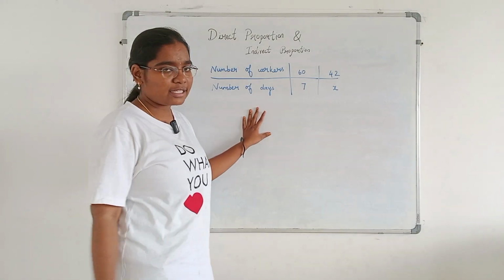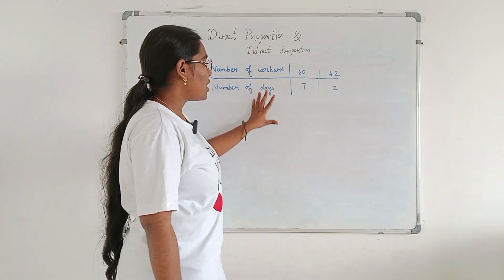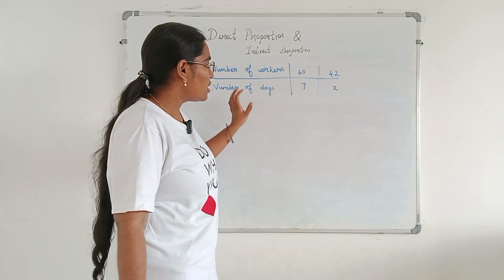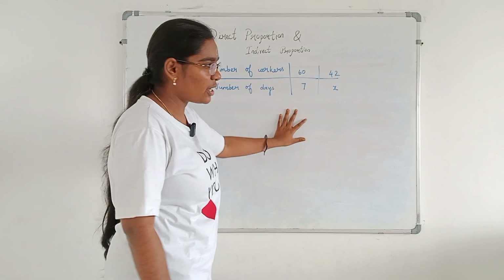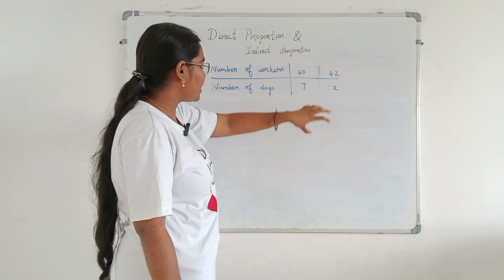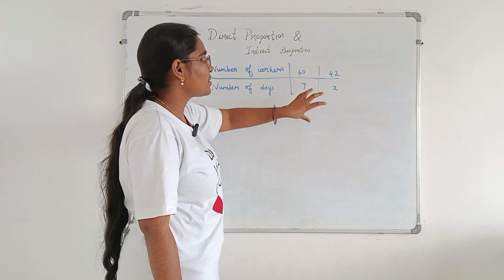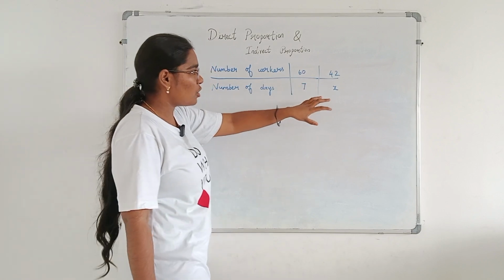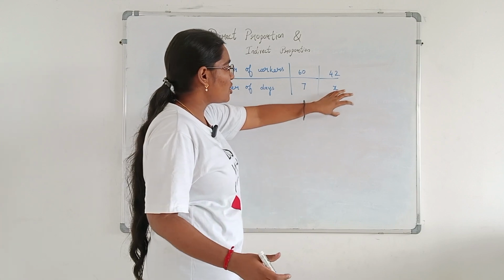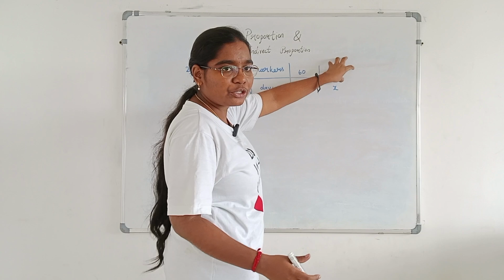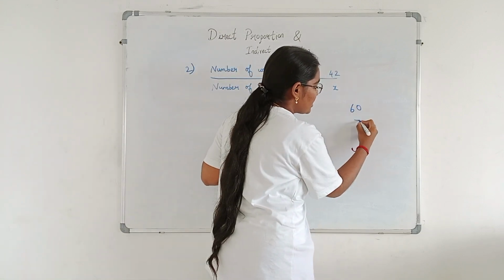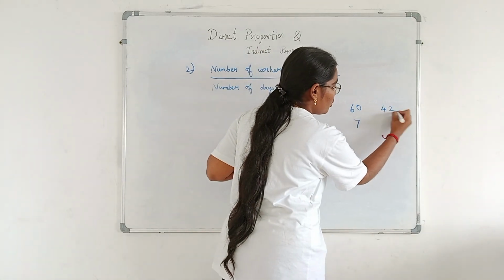Okay. In this problem, the number of workers and the number of days have been given. A certain work is completed by the workers in a certain number of days. 60 workers have completed the work in 7 days. So how many days will it take to complete the work for 42 workers? 60 workers, 7 days, and now 42 workers.